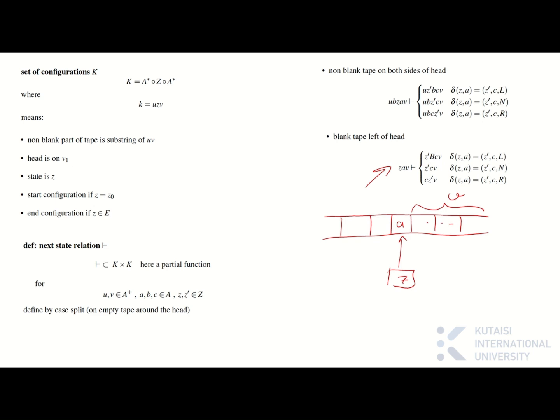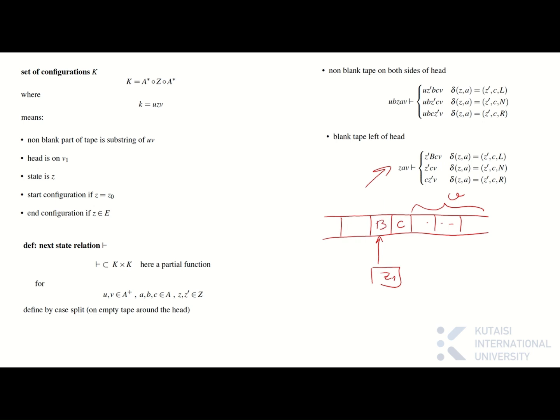And let's say I have to go left. Let's say I have a transition function that for Z and A goes to Z prime, writes C, and goes left. How will I go left here? What I will do is erase this, write C, and go left. And basically when I go left here in Z prime, I just write that there's blank here.